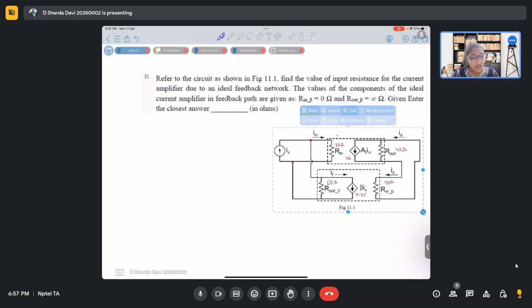Okay, yeah. So in this problem, we have to use the same circuit and find the value of input resistance for the current amplifier considering the ideal situation for the same components. So Rn dash. What will be the value of Rn dash?